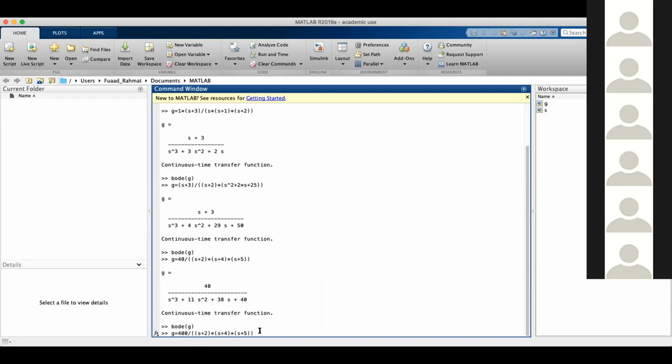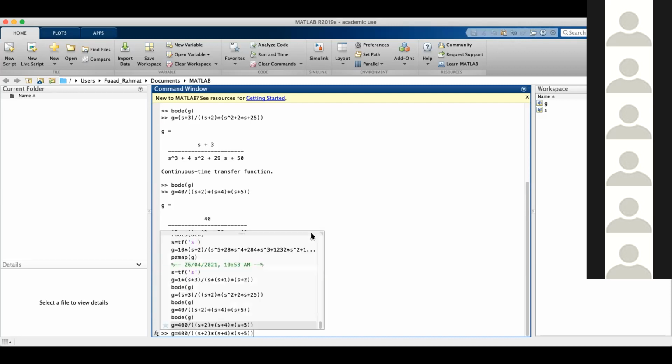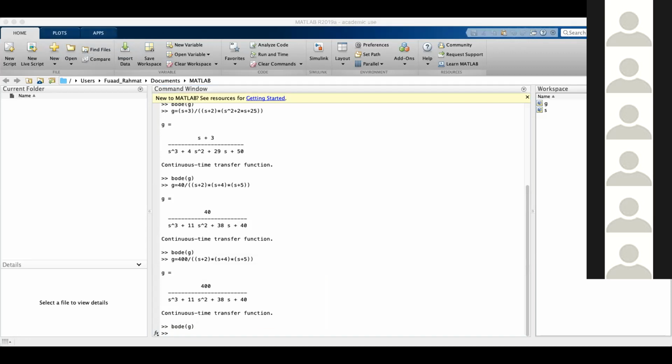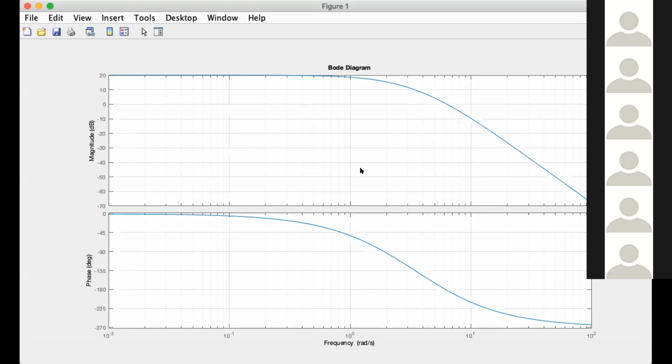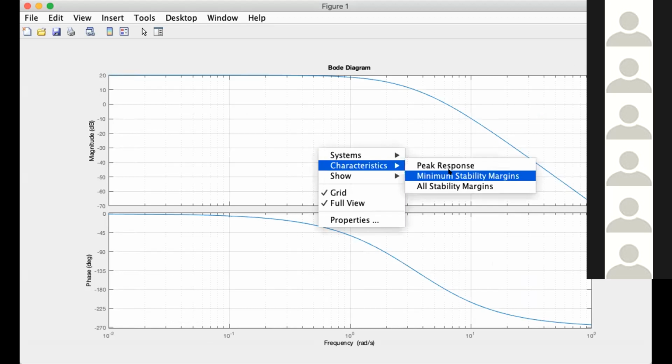And see the plotting. So this is the plot when we change from 40 to 400. Can you see? Okay, and then we find the stability margins.